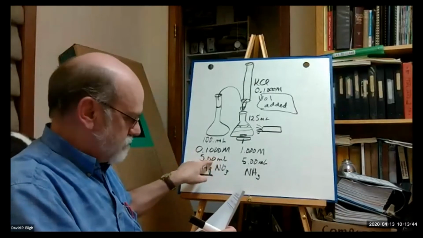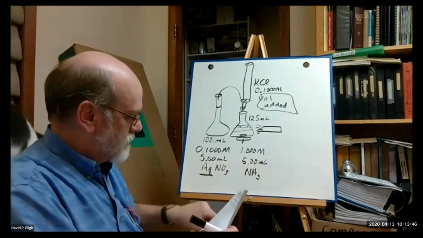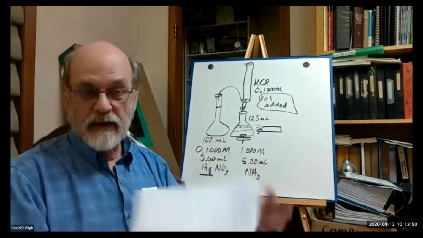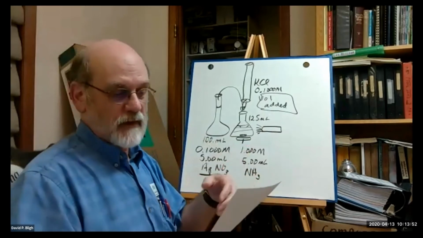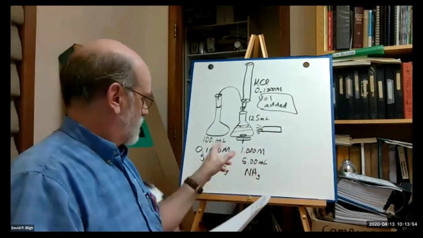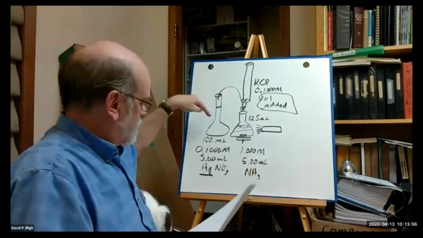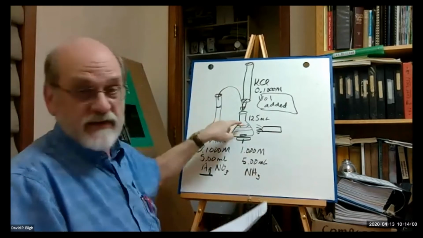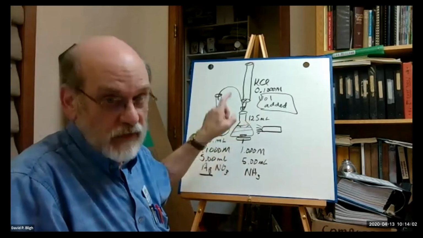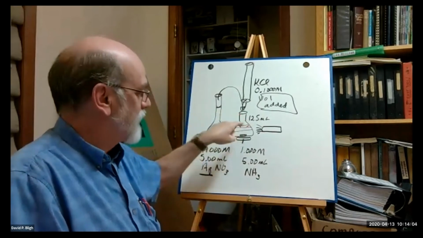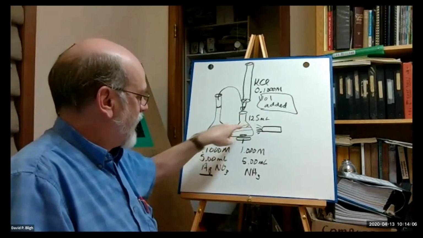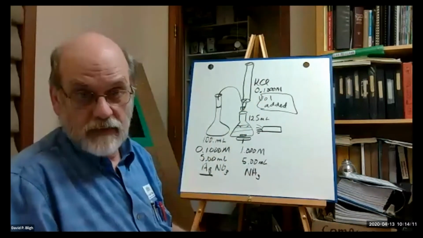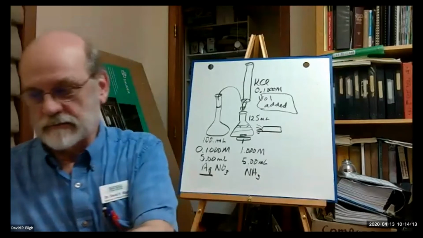This volume and that volume are given. And then the total volume is this volume. How much volume is in that flask after the titration? You need to know that. Well, the amount of volume in that flask is 100 plus what you added to it, right? There's no mystery.